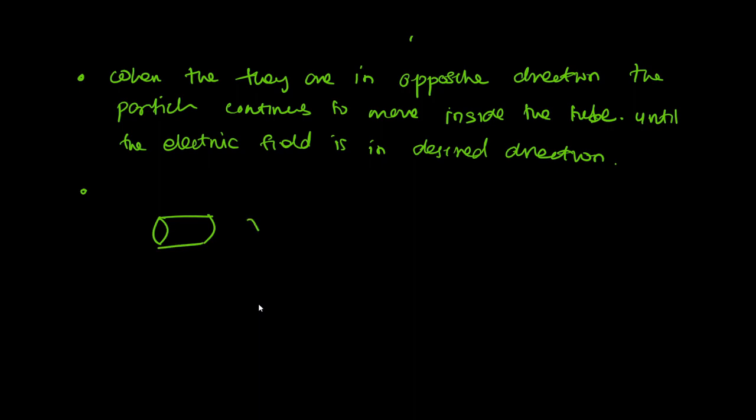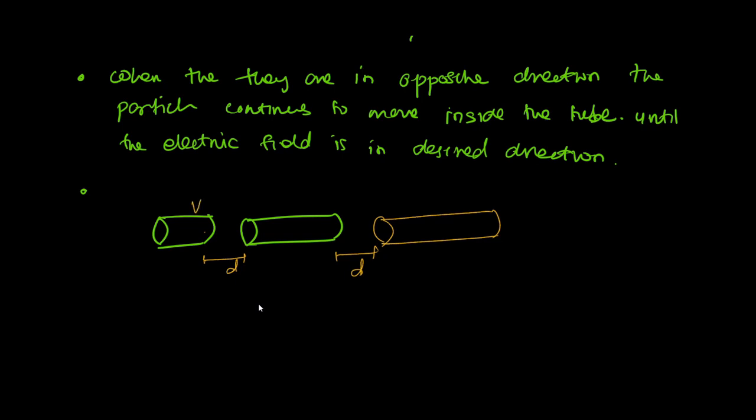Now let's say the gap between all these tubes is the same. In every tube the gap is the same. Therefore, the potential difference is also the same. So let's say the potential difference between these two is delta V, then the potential difference between these two tubes is also going to be delta V, because we are connected to the same voltage source.